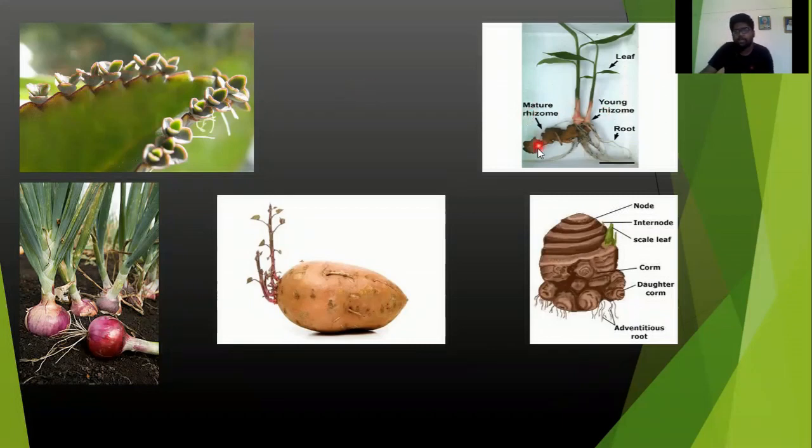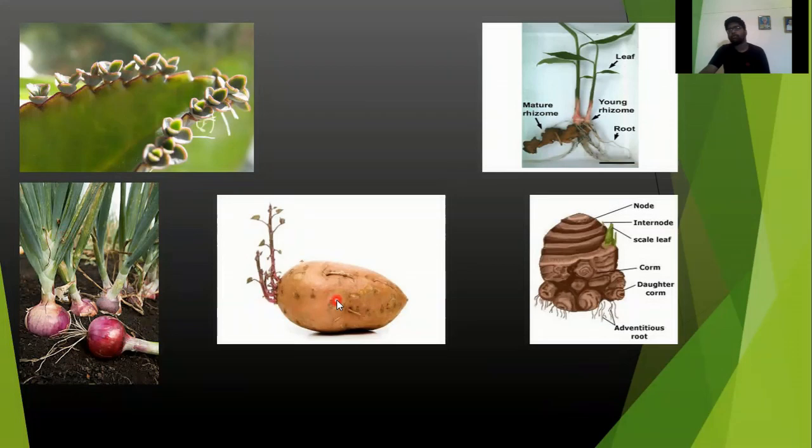You can see mature rhizome here, ginger. In the case of ginger, there is mature rhizome from which young rhizome is produced, and those young rhizomes will give rise to new plants. Here it is the case of a bulb, onion bulb, and this onion bulb will produce new plants like this.